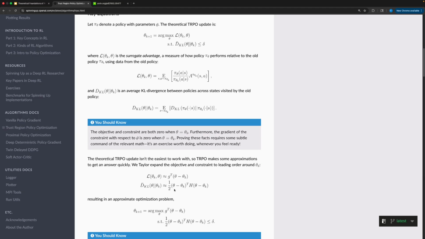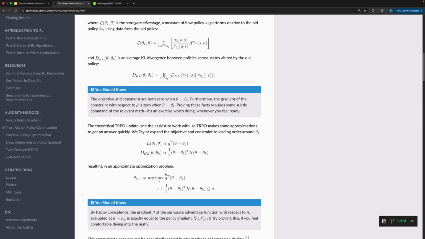And the theoretical update isn't easy, so they use some approximations to solve this constrained optimization problem.